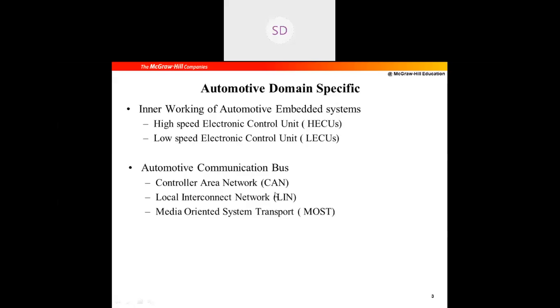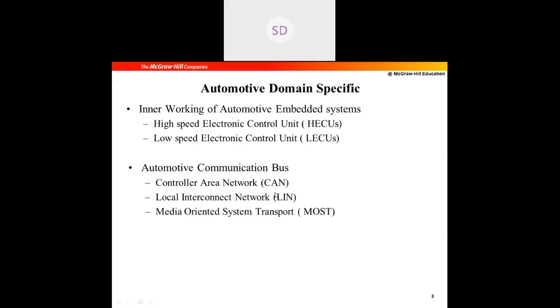Okay, that is CAN. Next one is Local Interconnect Network. In LIN, it is a single master, multiple slave configuration. A single master is used and we have multiple slaves, up to 16 independent slaves, connected to this particular master.